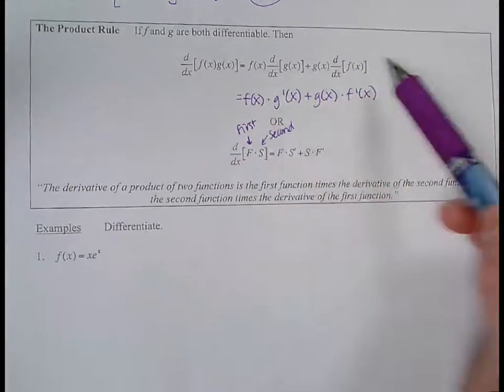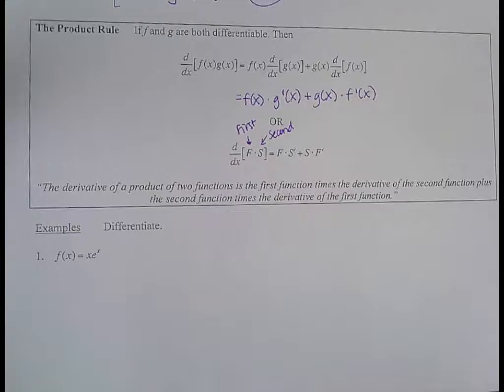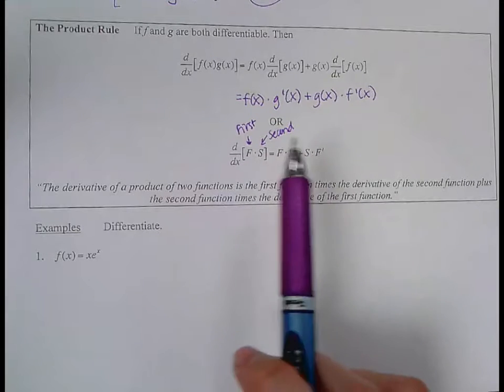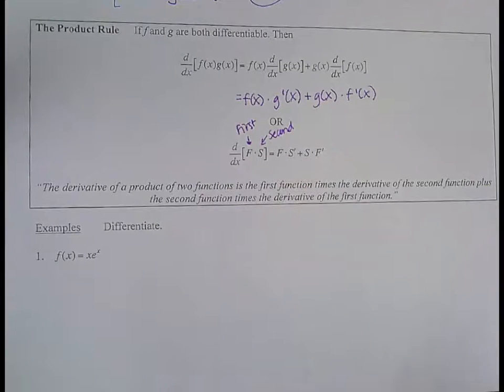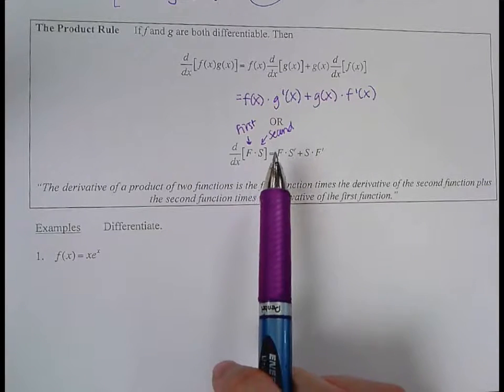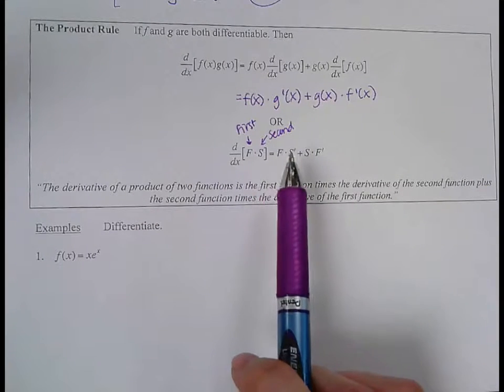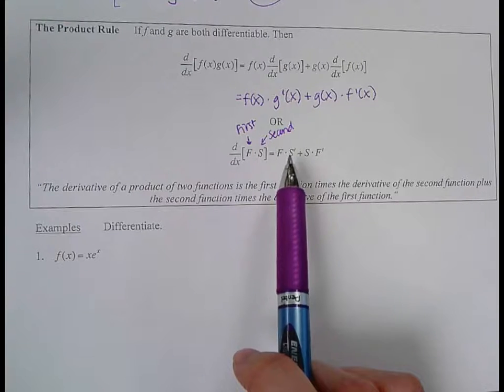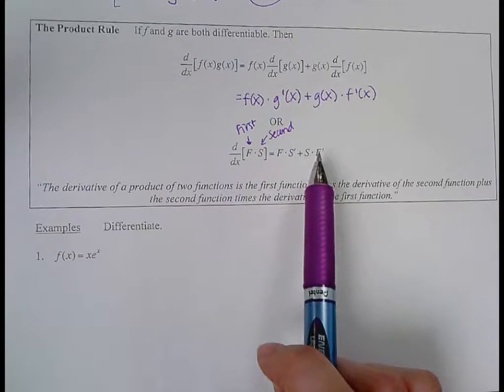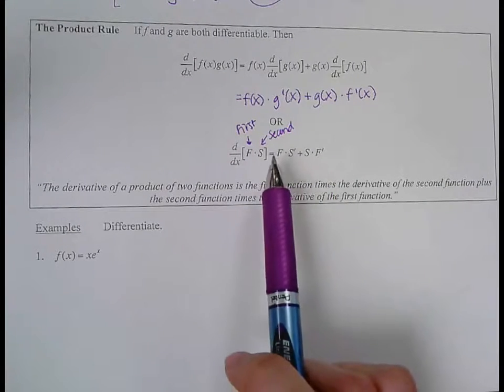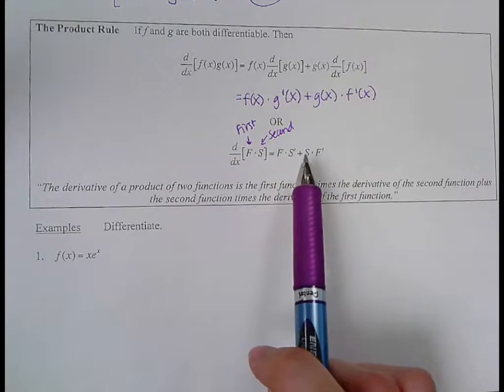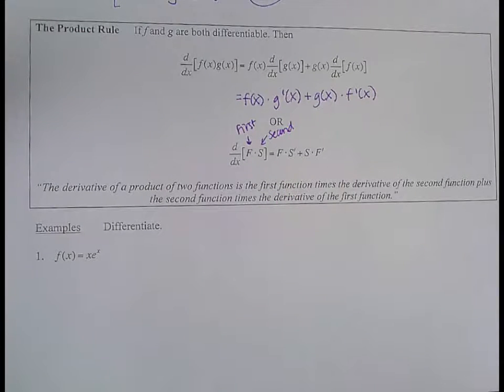I mean, if you want to write out all of the f of x and g of x and f prime and g prime, go for it. But this is just a shorthand way. It's simpler in my opinion. So that means the derivative is your first function times the derivative of the second plus the second function times the derivative of the first. So f times s prime plus s times f prime.